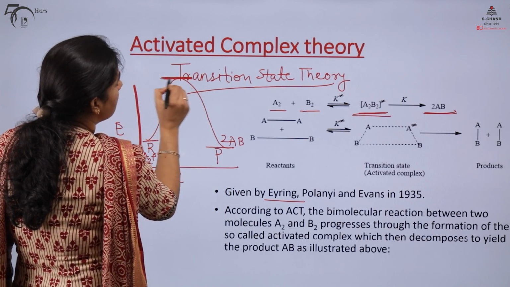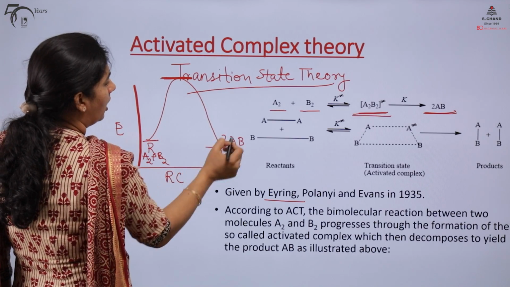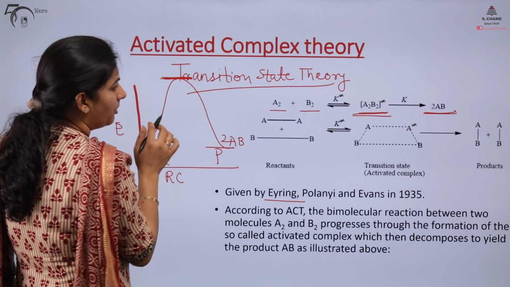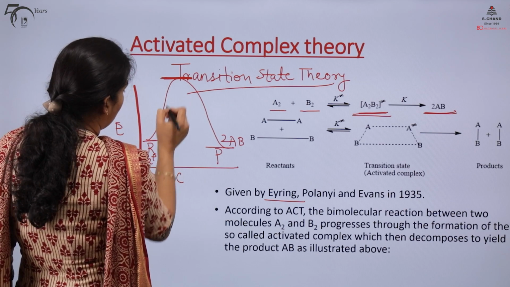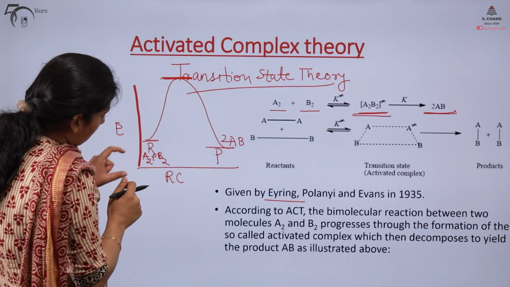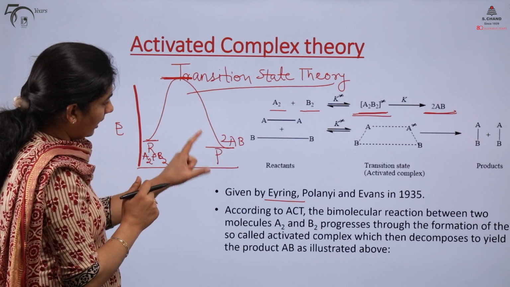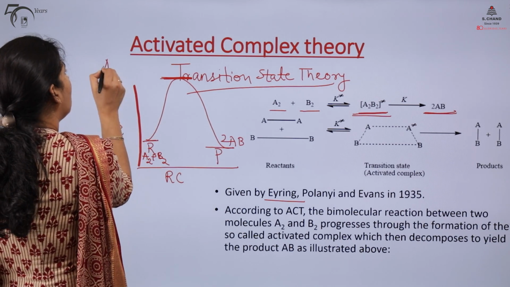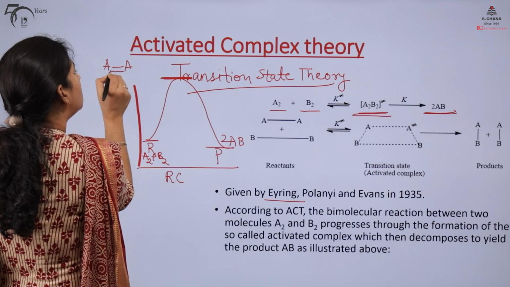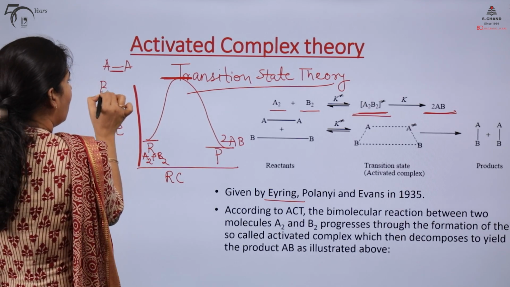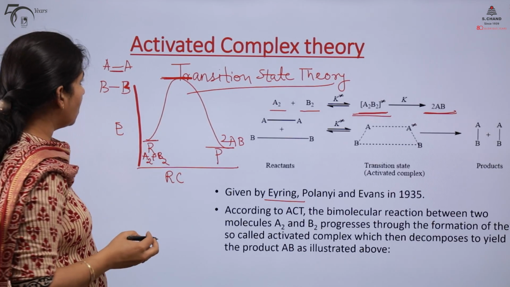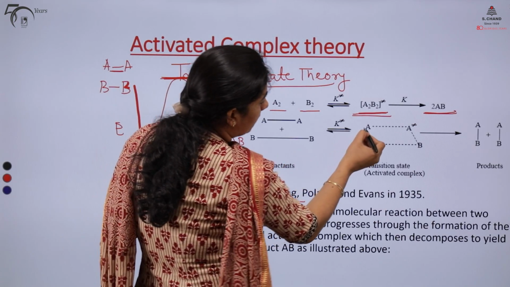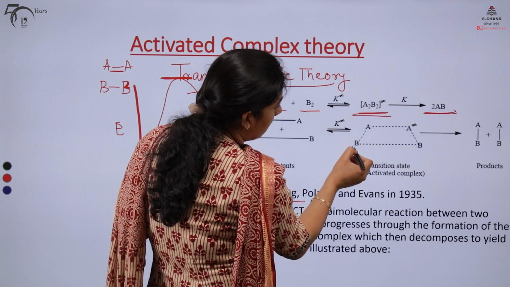In between, it will undergo the formation of an activated complex. What happens if it has to form AB? The bond between A and A has to break, and similarly the bond between B and B also has to break. As a result, the bond between A and B gets formed.